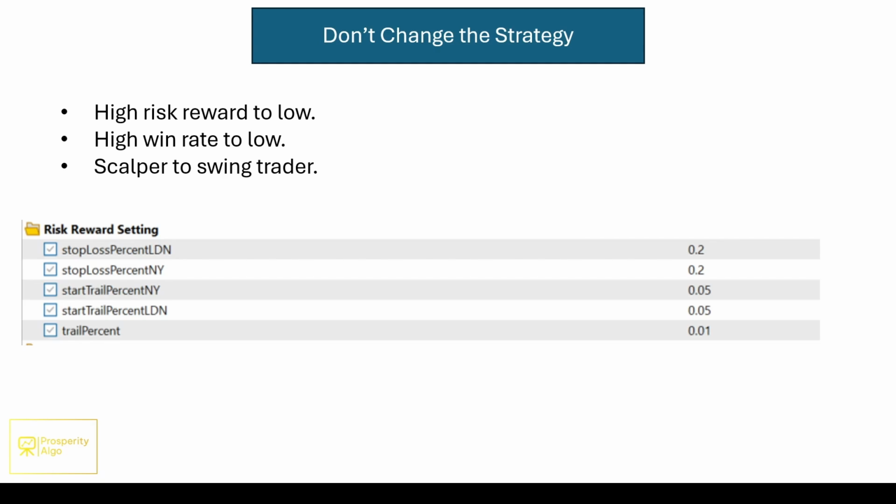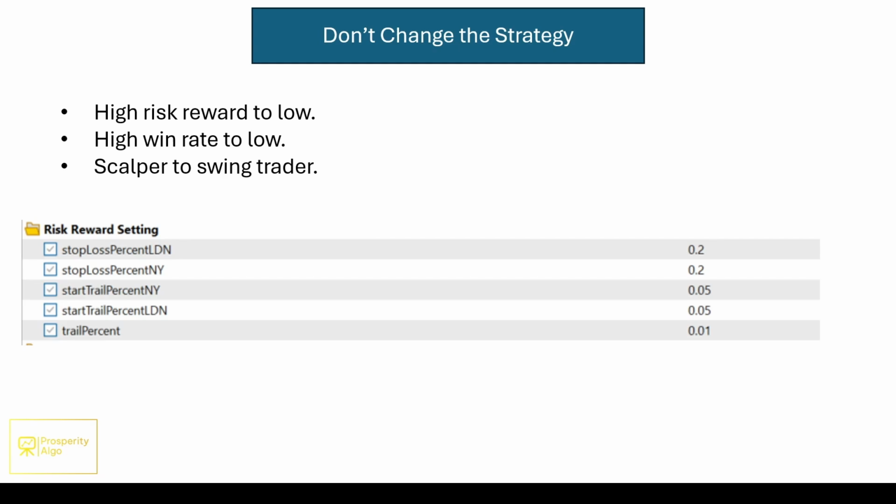For the rest of the video, we're going to use our Golden Time Bomb bot as an example. Time Bomb is a scalper, and here you can see its risk reward settings with a relatively large stop loss to its take profit. And here, for instance, if you were to make it a 1-to-1, so you were to make the start trail, which is when the take profit trailing stop loss starts, equivalent to the stop loss, the equity curve would look completely different, because you're all of a sudden essentially changing the reasoning behind the bot.